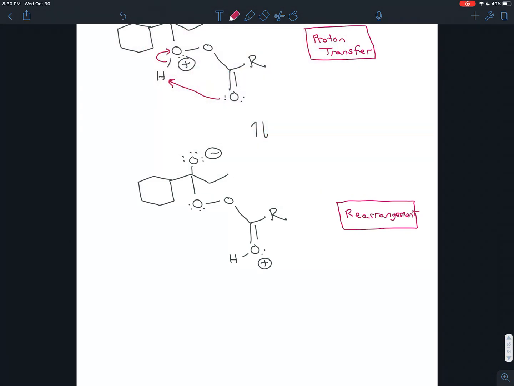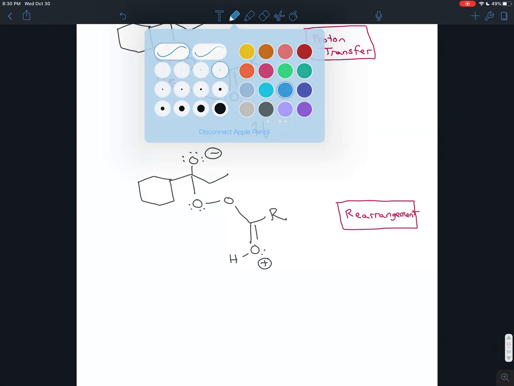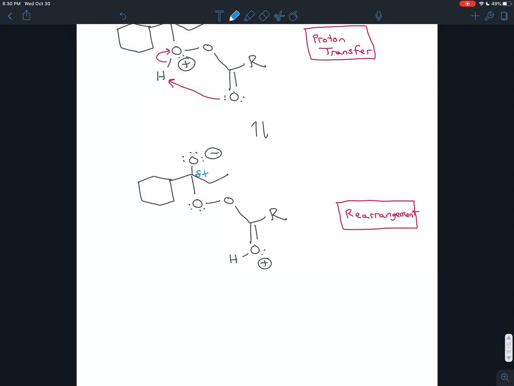Okay, well, this oxygen here is very unstable, and the carbon that it's bonded to is very slightly positive. This carbon is bonded to 2 oxygens, both of which are stealing its electron density, and so the negative oxygen is really attracted to that, and it tries to make a pi bond to it. It uses its lone pairs to make a pi bond. But if that's going to happen, something has to move.